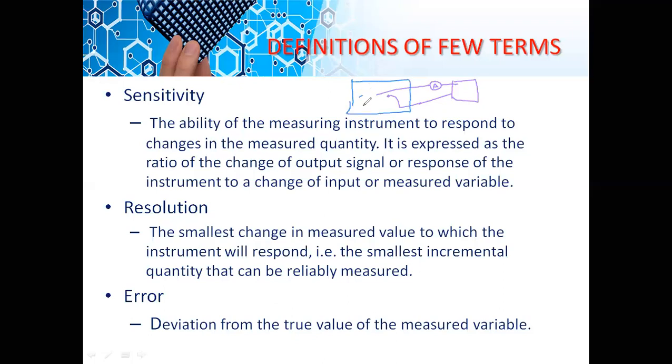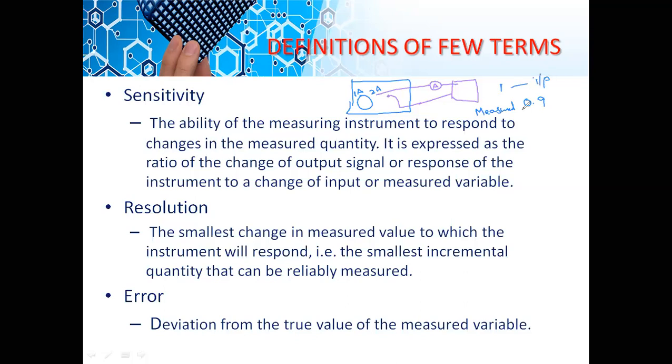Now, this is our knob where I can vary the current. Say it is 1 ampere, 2 ampere, like that. Now this is the load. When the knob is at 1 ampere, that means the input is 1 ampere. Say the meter is showing around 0.9 ampere. So this is the measured value and this is the input.